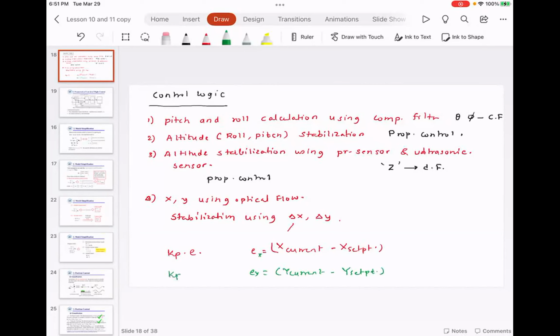So Kp Ey. And then the motor mixing algorithm would actually map which motors to speed up and slow down. Everyone understood the basic algorithm? Now I'm going to show you how it is implemented in MATLAB.